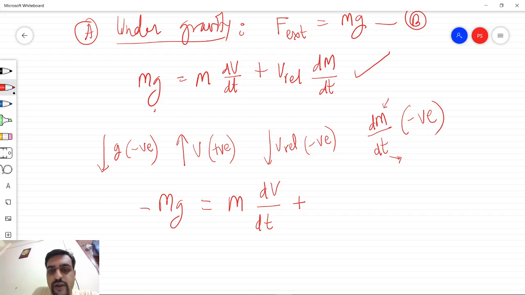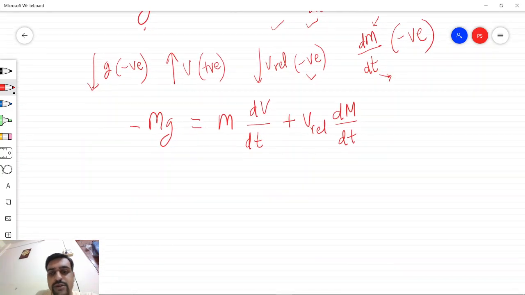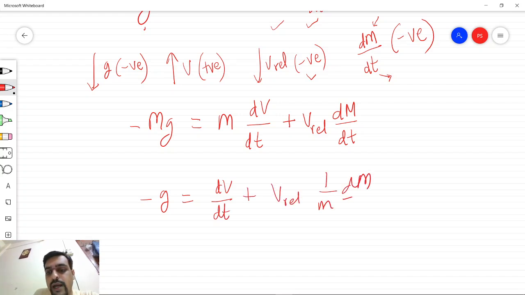Plus, for v relative we get a negative sign, but remember that even this quantity dm by dt is negative, so negative into negative gives us a positive sign, so it is also kept as it is without any change. Now we can divide throughout by m to get minus g equal to dv by dt plus v relative 1 by m dm by dt.